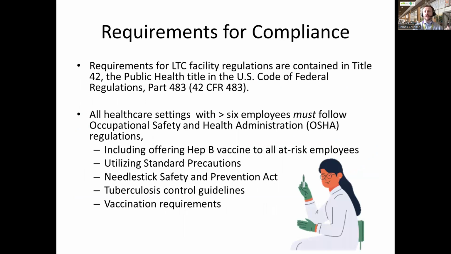The Occupational Safety and Health Administration regulations are required for all healthcare settings that have greater than 6 employees. These requirements include offering hepatitis B vaccination to all at-risk employees, utilizing standard precautions, implementing measures outlined in the Needlestick Safety and Prevention Act, following tuberculosis control guidelines, and outlining specific vaccination requirements for staff.